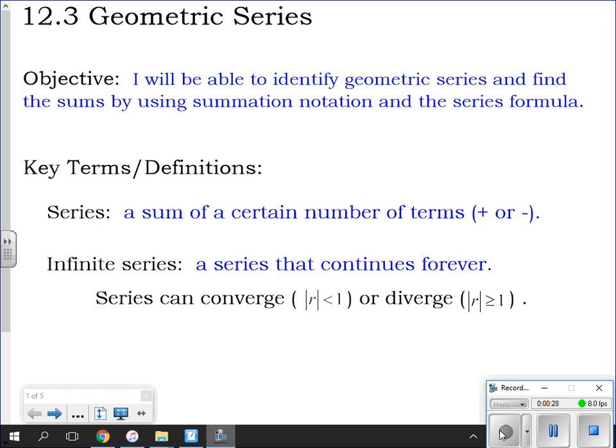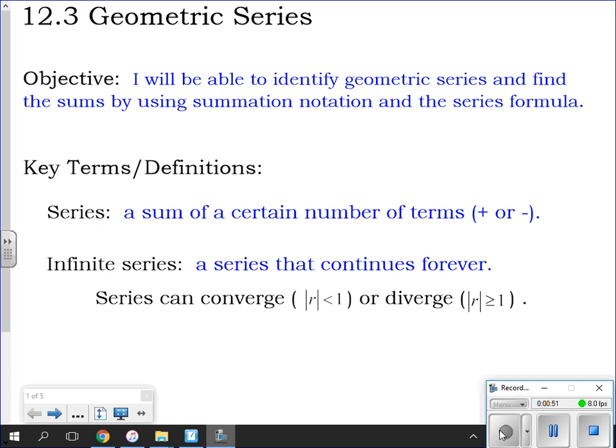Now with arithmetic series that are infinite, you cannot add them all together. However, geometric series can be added together. You can add together an infinite number of terms and find a finite sum, or a finite total. The key to this is, what is your r?